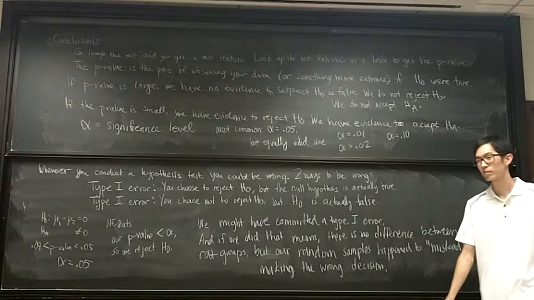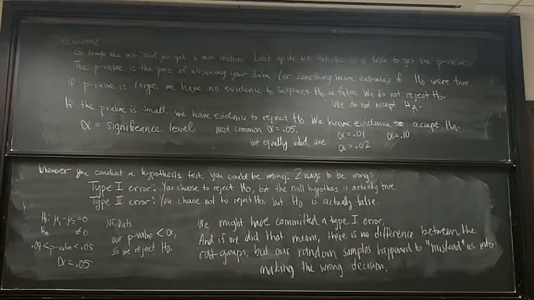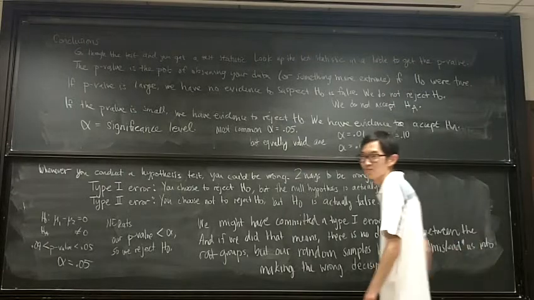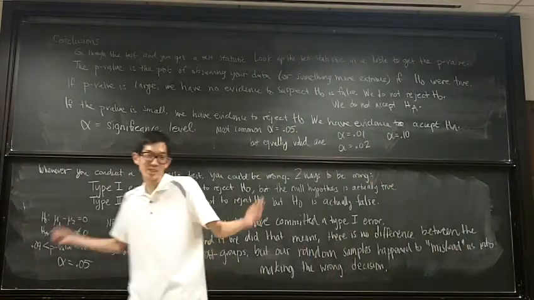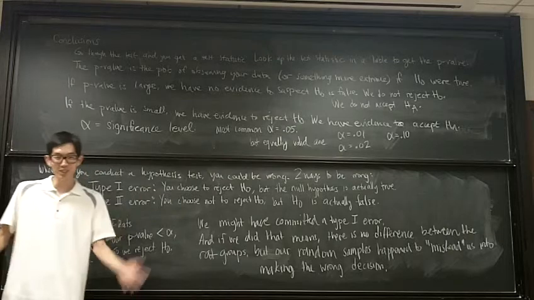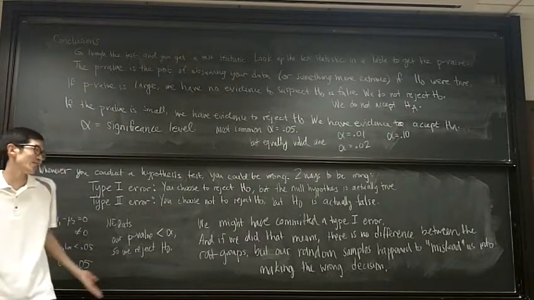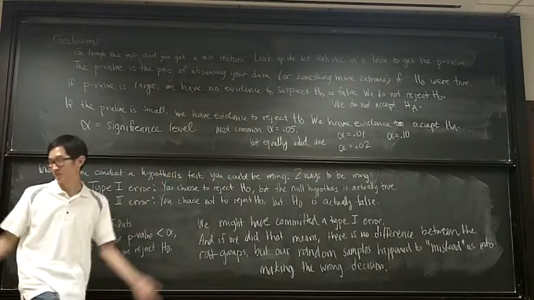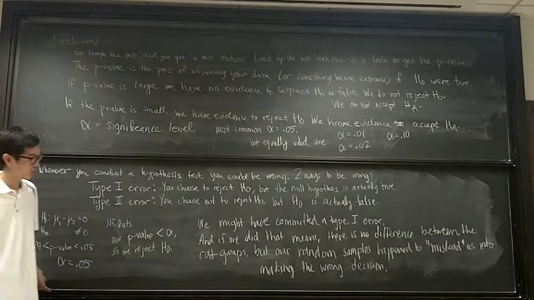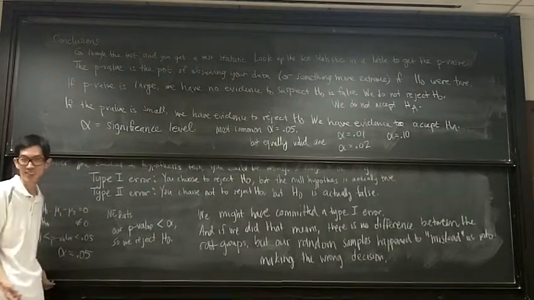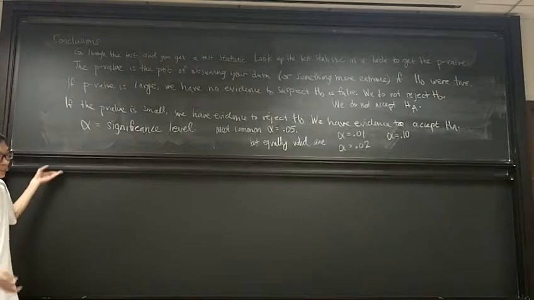Yes? How would you ever know if you made a type 1 error or not? You don't. No. You'll never know. That's life. How do you know you married the right person, right? You don't know until, you know, it works out well or it doesn't, you know? Yeah.